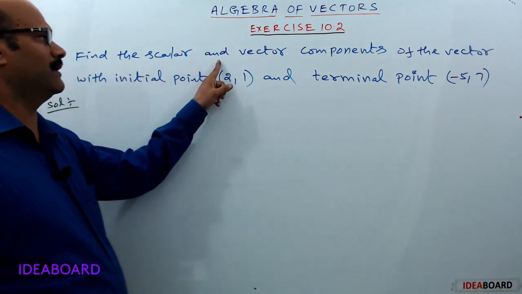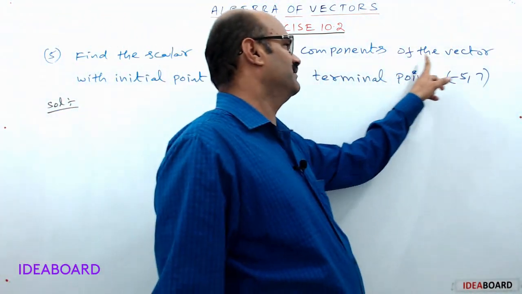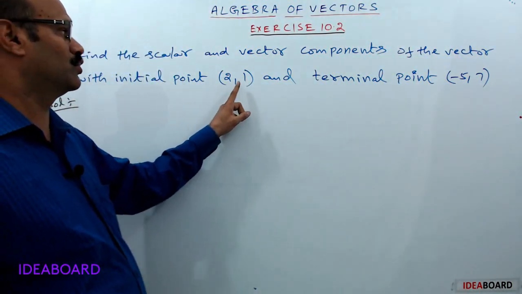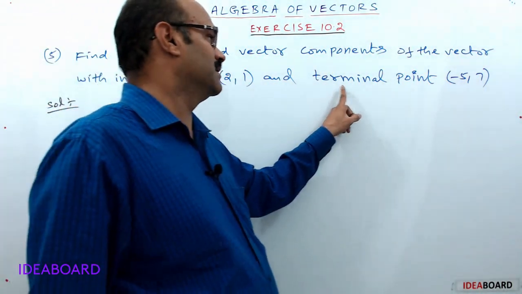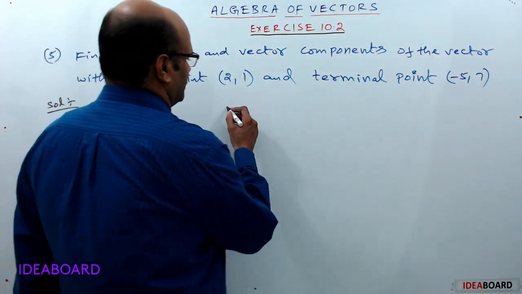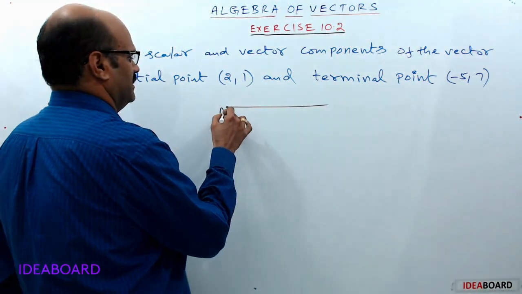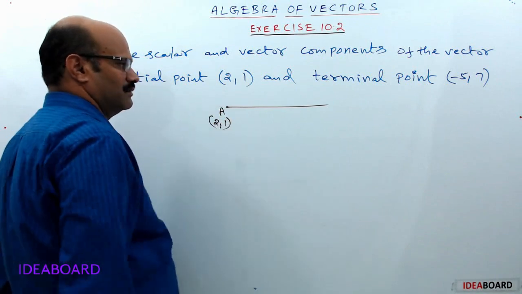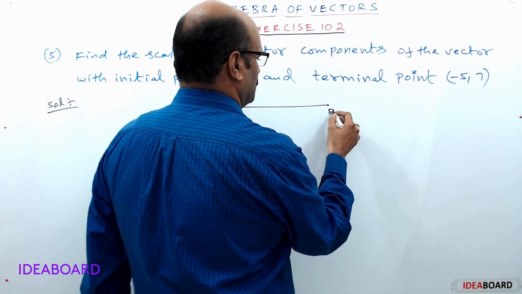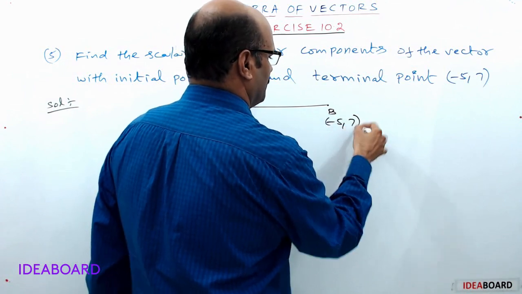Find the scalar and vector components of the vector with initial point 2, 1 and terminal point -5, 7. Take the initial point as A, 2, 1, and the terminal point as B, -5, 7.